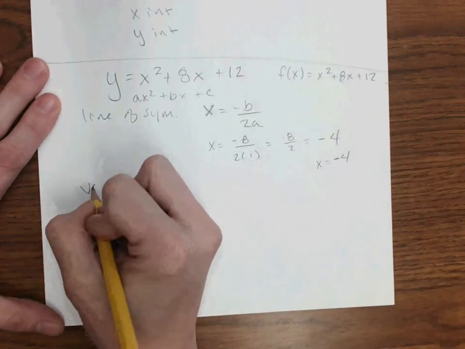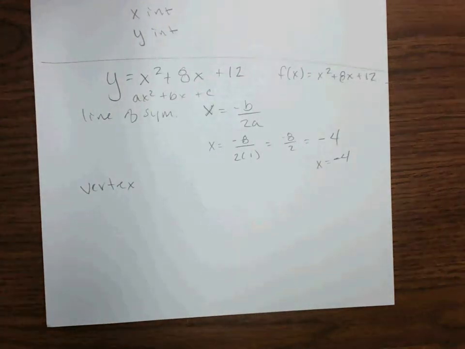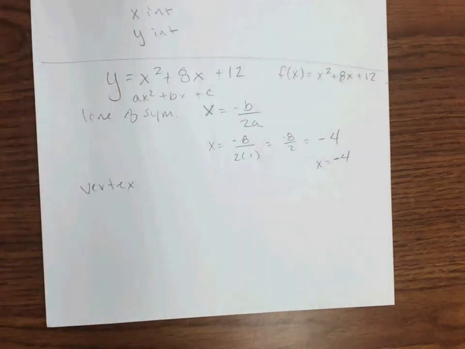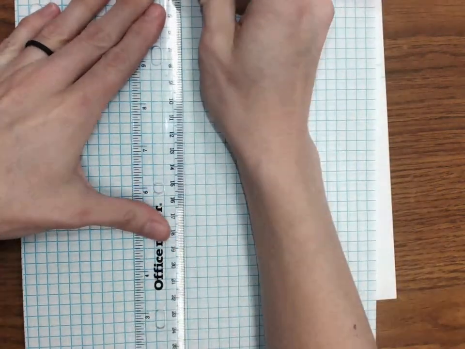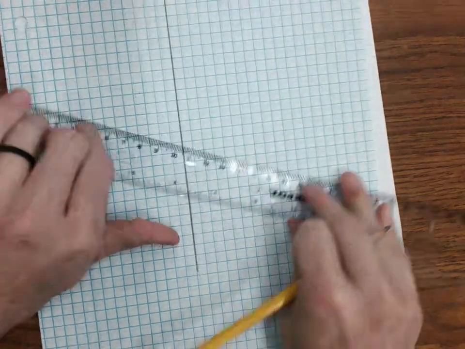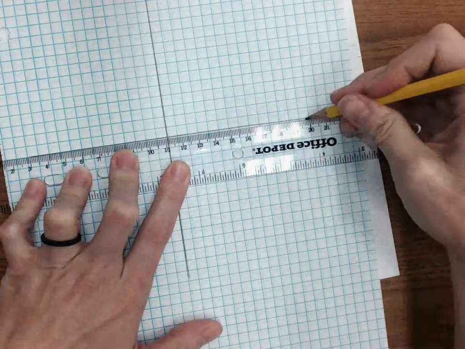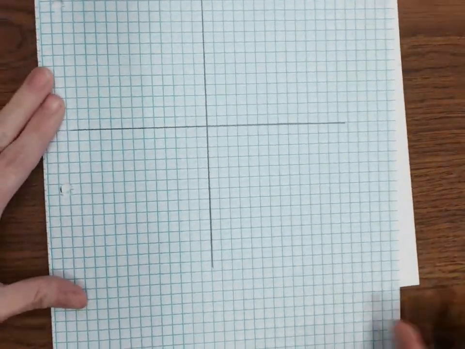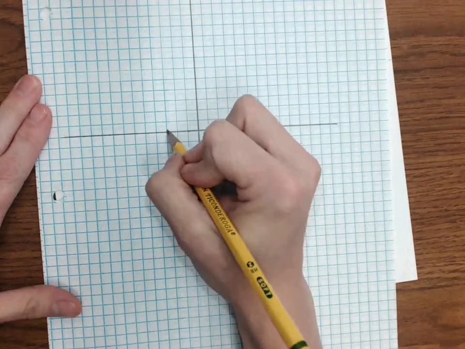That's going to be my line of symmetry. Now to get my vertex, right, and actually I think I am going to graph it as I go. I think that might actually make it easier for us to really see how these come together. So I'm going to start, get my line here for my y-axis, and then here is my x-axis. So my line of symmetry is at x equals negative 4, so 1, 2, 3, 4.